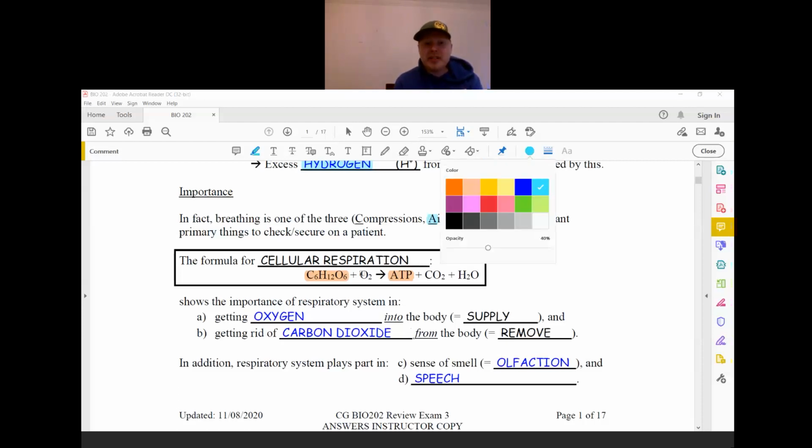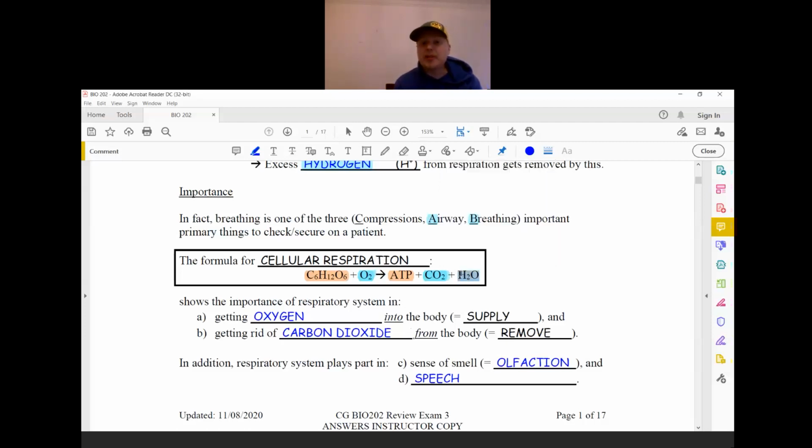But to do that, we do need to get oxygen from the outside air and deliver that into the body. And as a waste product of this process, we are left with carbon dioxide. Another waste product that we will have to deal with is, of course, water.